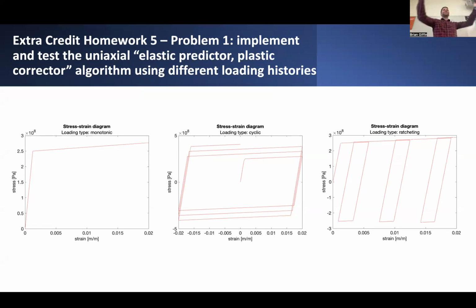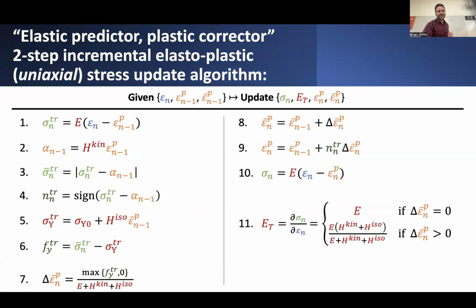Now I want to give you an opportunity to try this out for yourselves. This is precisely what I've given you the opportunity to do in the context of homework assignment number 5, and specifically in problem number 1 of that assignment. Problem number 1 has you directly implement exactly this uniaxial algorithm as shown through this sequence of steps.